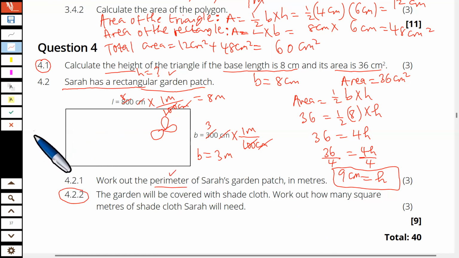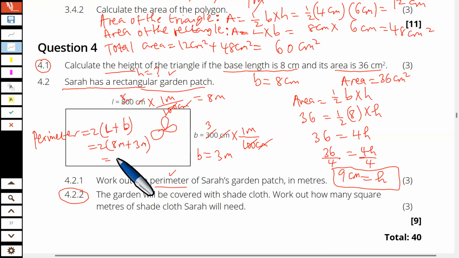So you say perimeter is equal to 2 into the length plus the breadth. What is the length? It's 8 meters. What is the breadth? 3. Right.